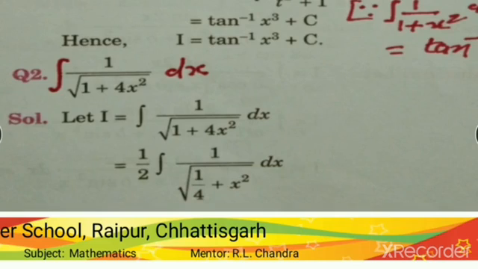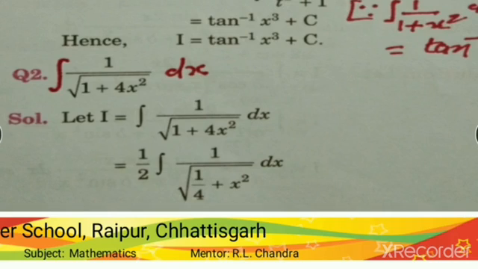Now see question number 2. Integrate 1 upon under root 1 plus 4x square. Consider I is equal to integration 1 upon root 1 plus 4x square. Now we have to change this into integrable form. All the time we are changing the given question into integrable form.